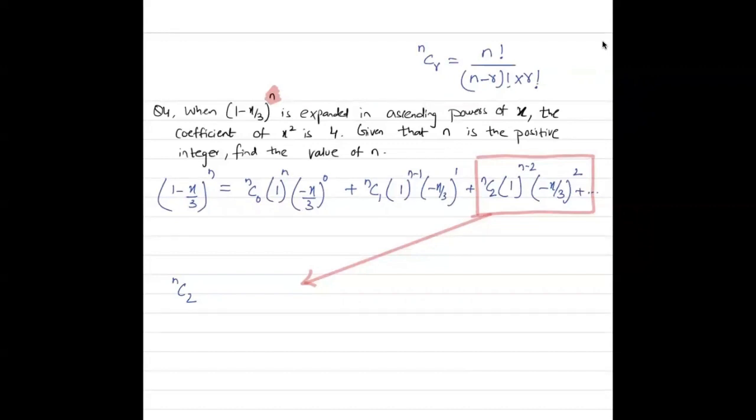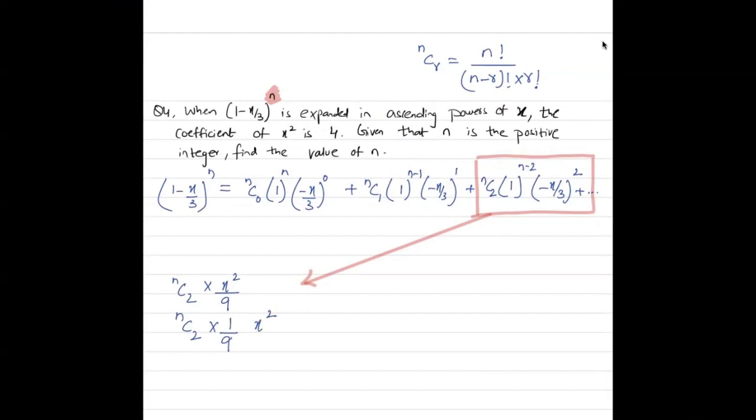What is 1 to the power of anything? 1 to the power of anything is 1, right? And (-x/3) squared, would you agree that it's going to be x squared upon 9? Okay. Can I write this term as nC2 multiplied by 1/9 times x squared? Can I write it like this? Yes, you can.